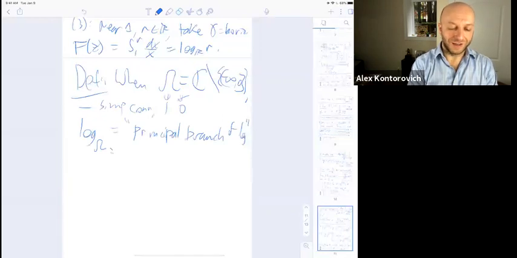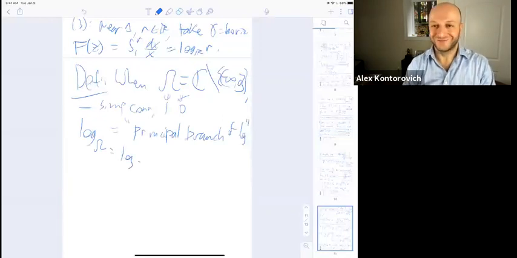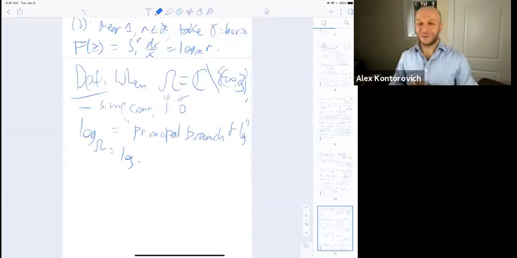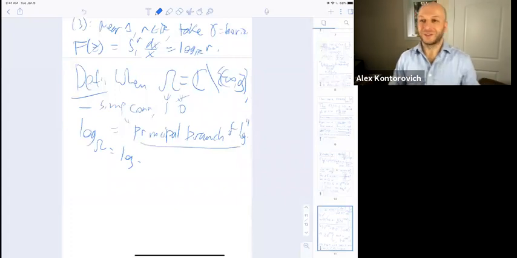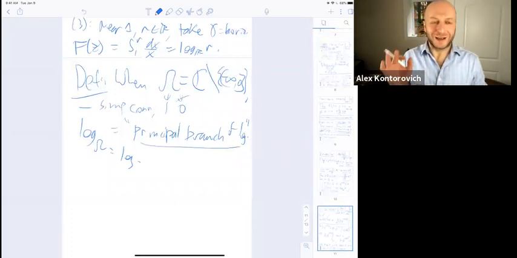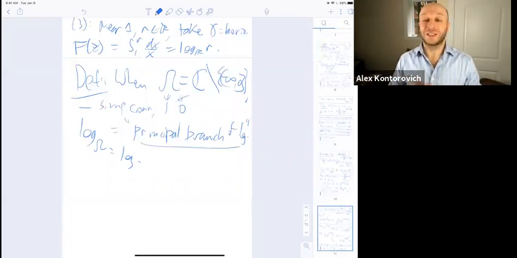And we will write this as just log. If I write log without specifying anything further, and we're talking about complex analysis, I mean the principal branch. It's best to always specify that you mean the principal branch. There are lots of times where you don't want the principal branch, and lots of theorems get in trouble when they mean two different branches at the same time.